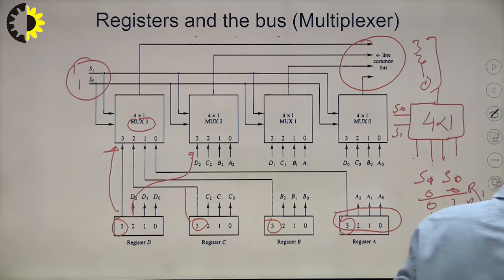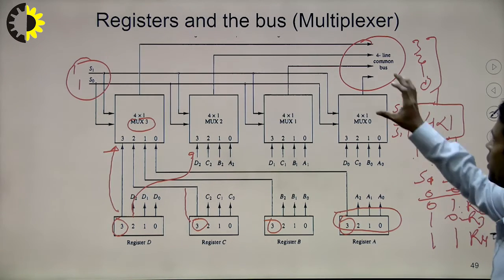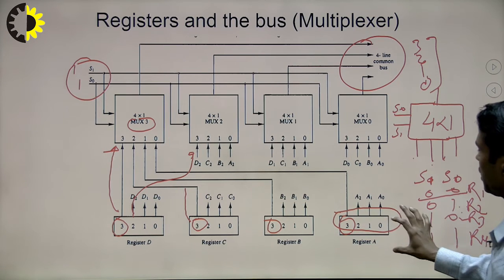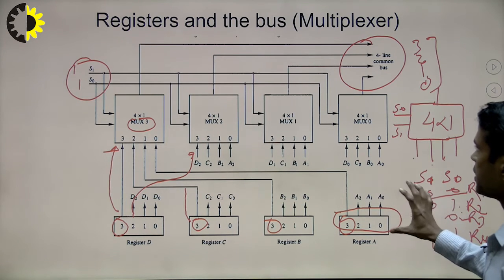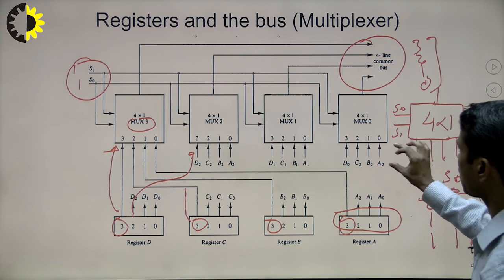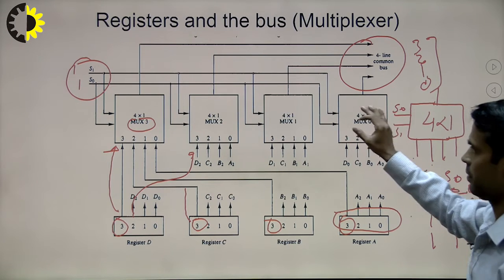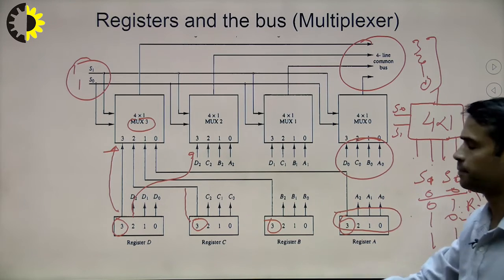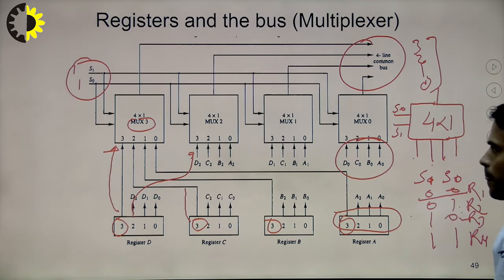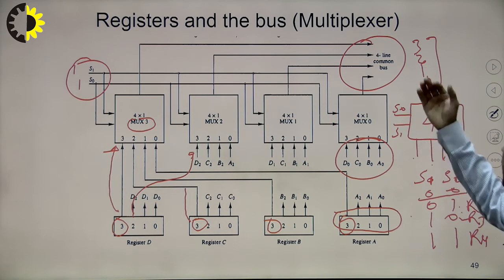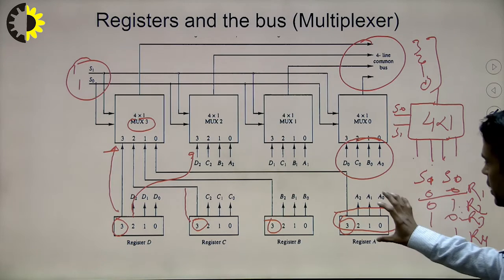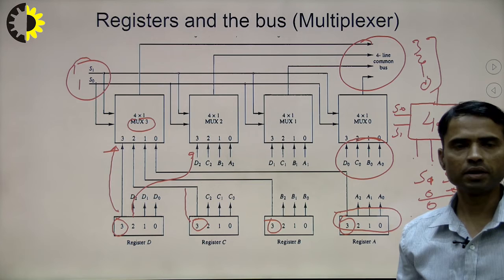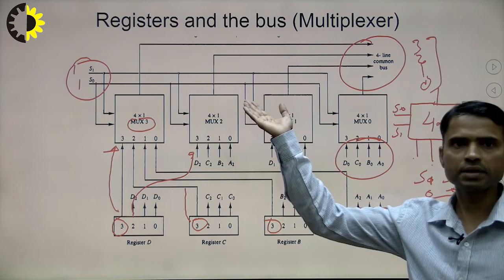Now, if we expand this further, we can see that if the register size is not 4 bit but 8 bit, certainly the number of multiplexers will remain the same, but the inputs to the multiplexer will increase. In this way we can select the particular register and the data will go to the output of the particular bus line.